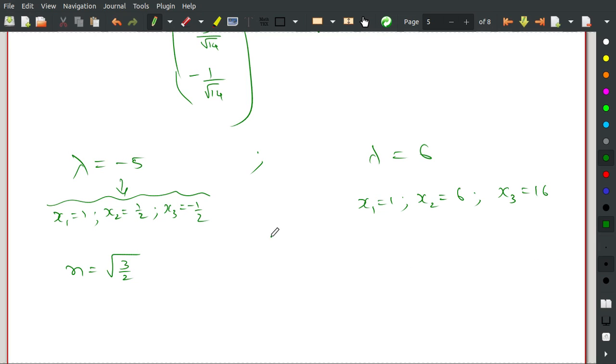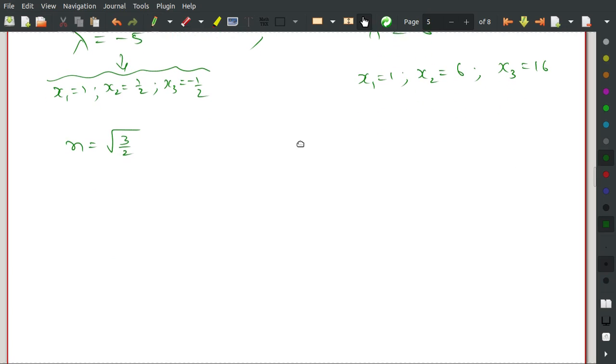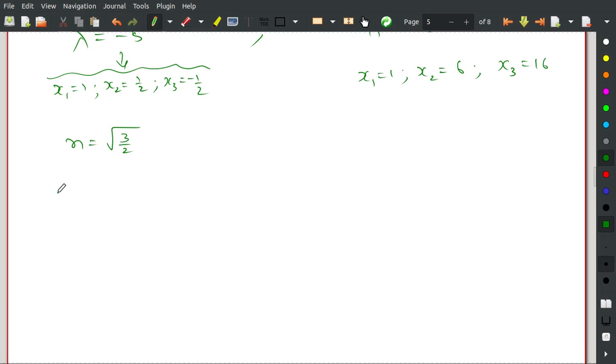Therefore the normalized vector is x1 equals root 2 by 3, x2 equals 1 by root 6 and x3 equals minus 1 by root 6.